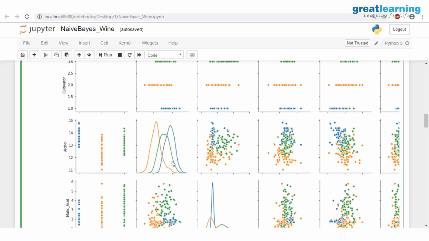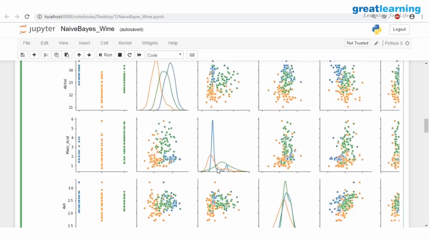But we have given hue equal to cultivator, so it's giving you a distribution of cultivators from class 1, class 2, class 3 on this dimension. How the values of alcohol for class 1 are distributed, how it is for class 2, how it is for class 3. So what this is telling us is the alcohol dimension can be used to separate out the 3 classes.